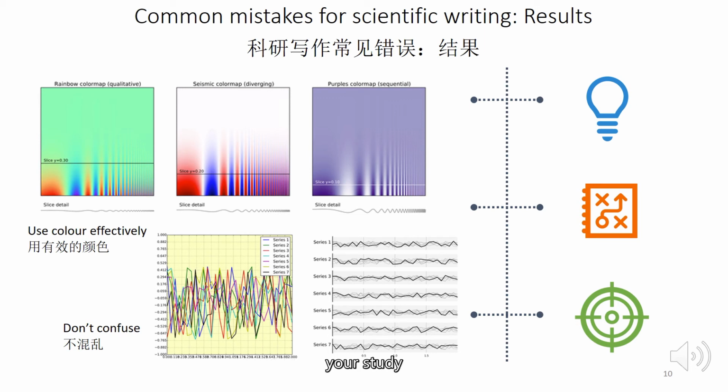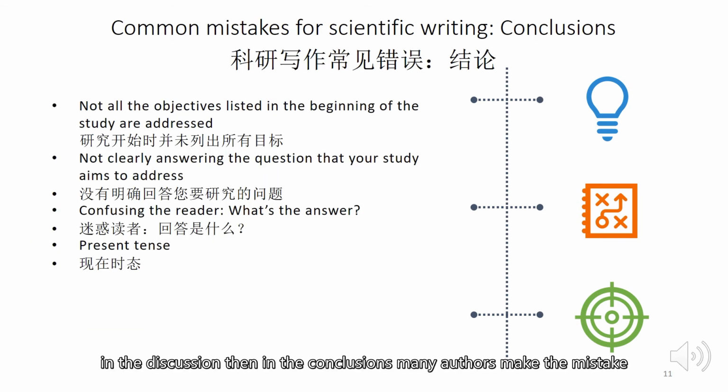In the discussion then, in the conclusions, many authors make the mistake of not telling the reader what the objectives are that were listed at the beginning of the study. We've talked about this before as well. Tell the reader in your discussion section what are the answers to the question that you've posed with your work.